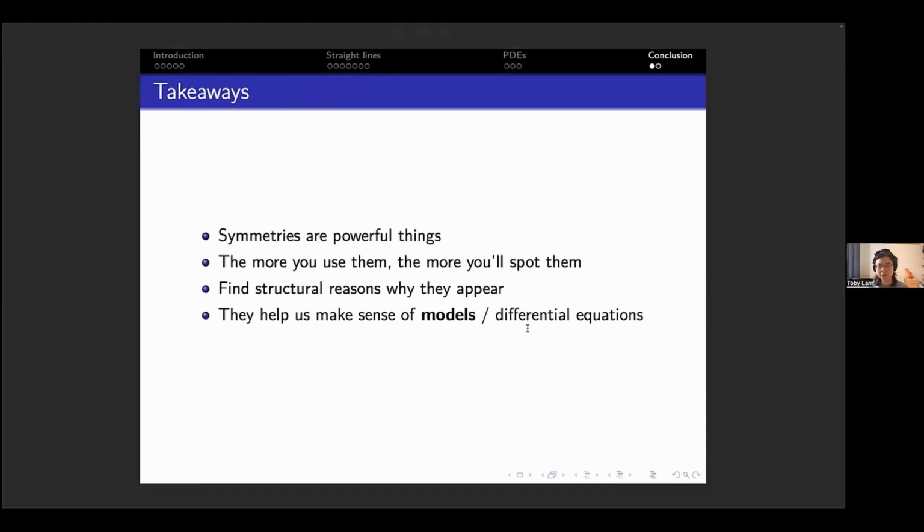So finally, the takeaways here, I would say that symmetries are very powerful, right? They let us understand the model very clearly, and I think the more you use them, the more you spot it. And perhaps in a more advanced sense, as undergraduates, we learn a lot of these wave equations, heat equations, but in actual research, we actually need to find out these equations.